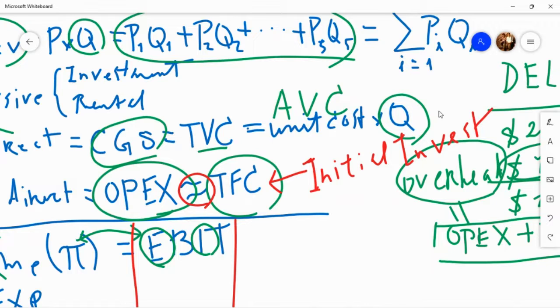So that size is reflected in the output capacity, the production capacity. Does that make sense? A $10 million plant, which means a plant that was built by $10 million capital, inevitably has a production capacity limit, right?